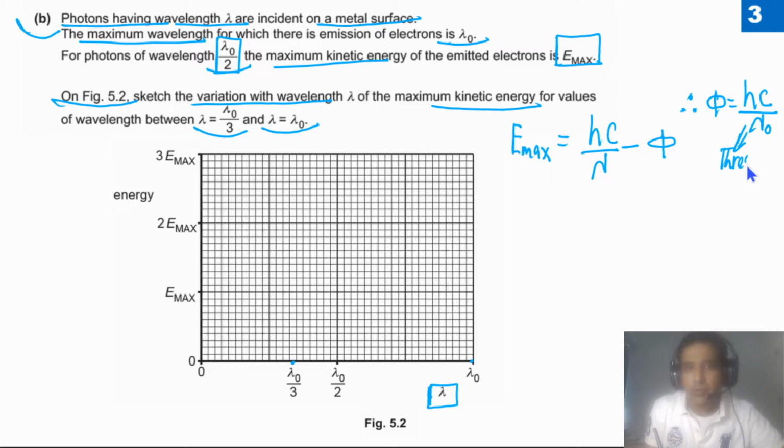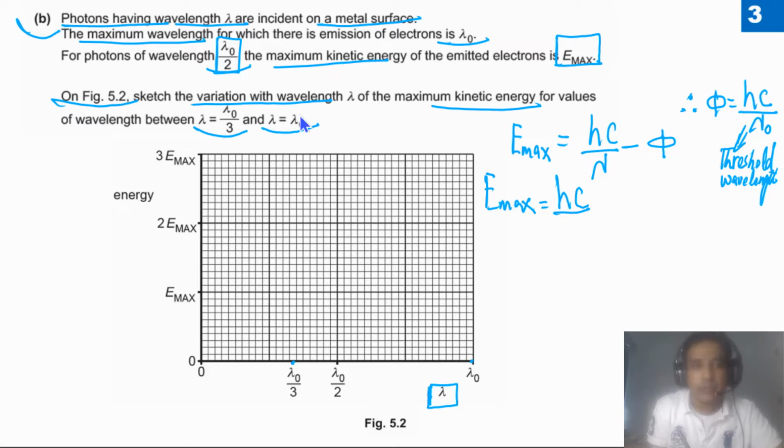So this is the maximum value of wavelength. If we increase the wavelength more than that, there will be no emission of electrons, so we call this the threshold wavelength. Now in this case, E max is equal to hc over lambda minus hc over lambda naught.